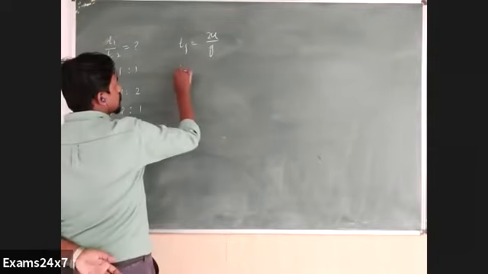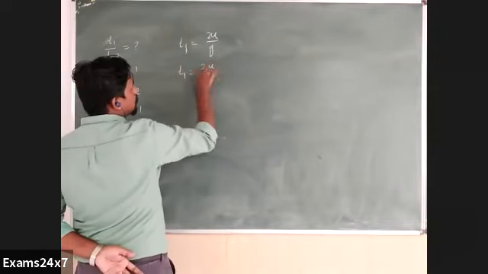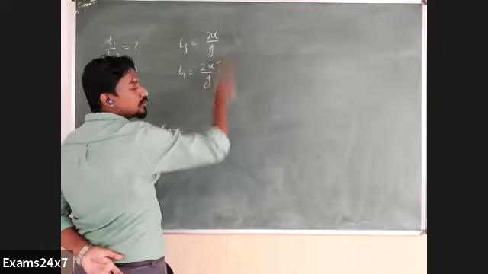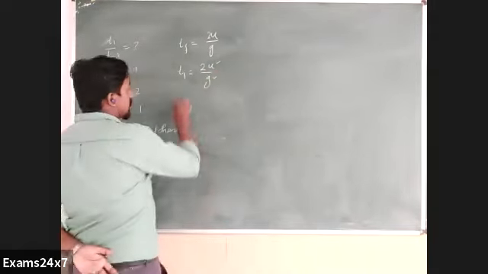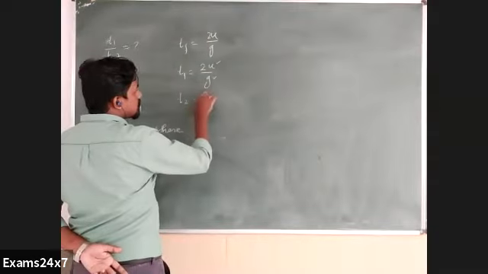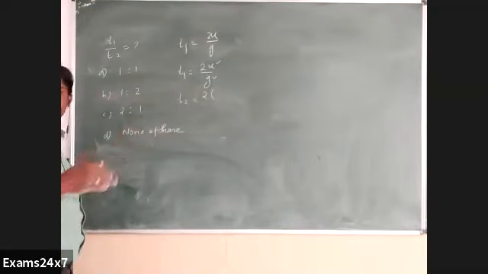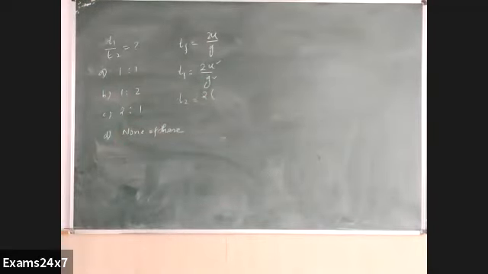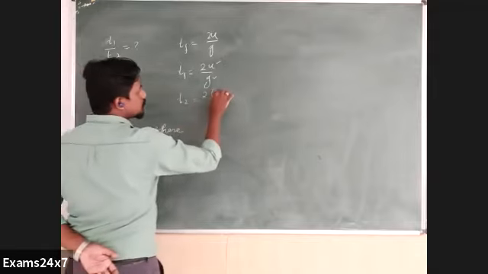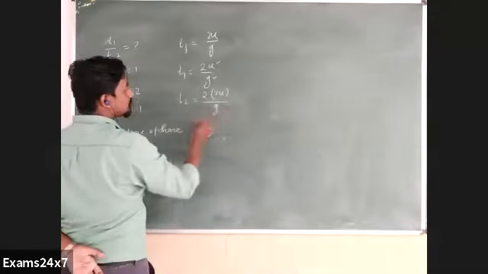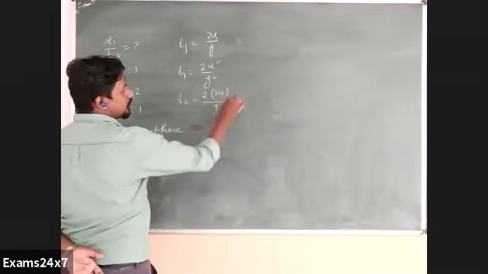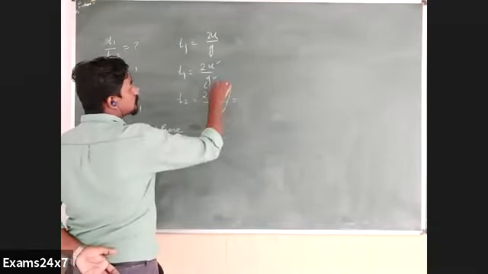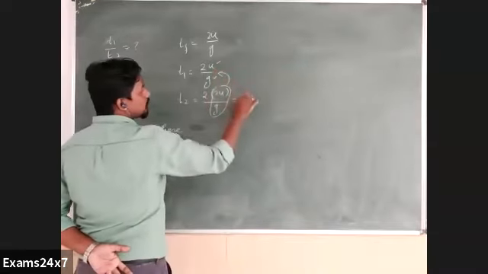In the first case, t1 is equal to 2u by g. Initial velocity is u, acceleration due to gravity is g. In the second case, t2, initial velocity is 2u, so 2 into 2u by g, that is equal to 2 times 2u by g, which is 2 times t1.